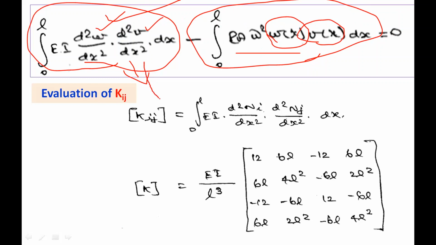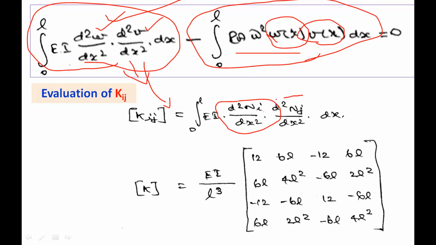The derivation of the stiffness matrix already we have discussed in the earlier beam problem, so we can refer to that. So here I am directly taking that stiffness matrix. The general notation will be Kij is equal to integral 0 to L ei d square ni by dx square d square nj by dx square into dx. The second order derivative of each shape function already we discussed.